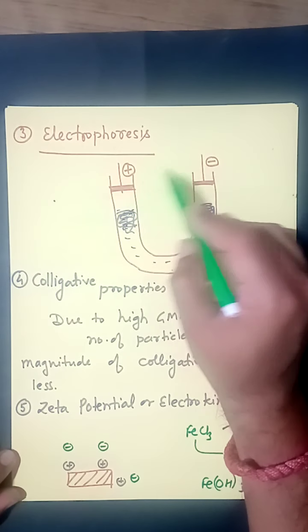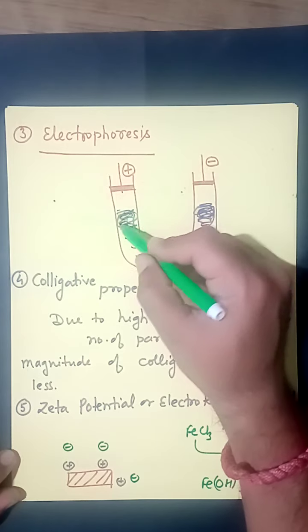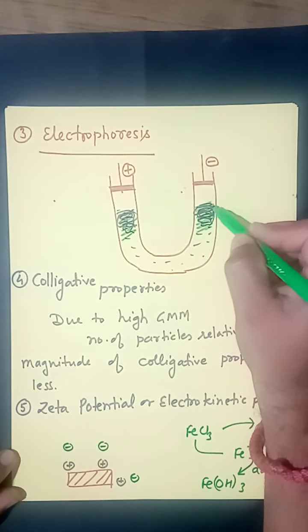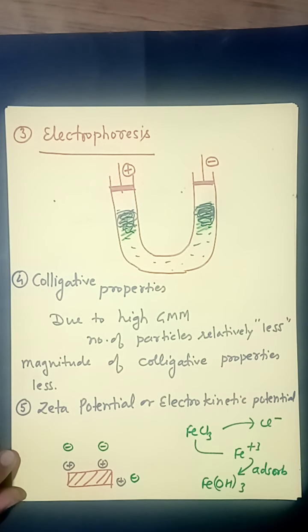Here it is the positive terminal, here it is the negative terminal. After some time we will see dense particles near the positive electrode or near the negative electrode or toward both sides, and this indicates that colloidal particles carry charge and they move toward the oppositely charged electrode. This movement toward the oppositely charged electrode is known as electrophoresis.